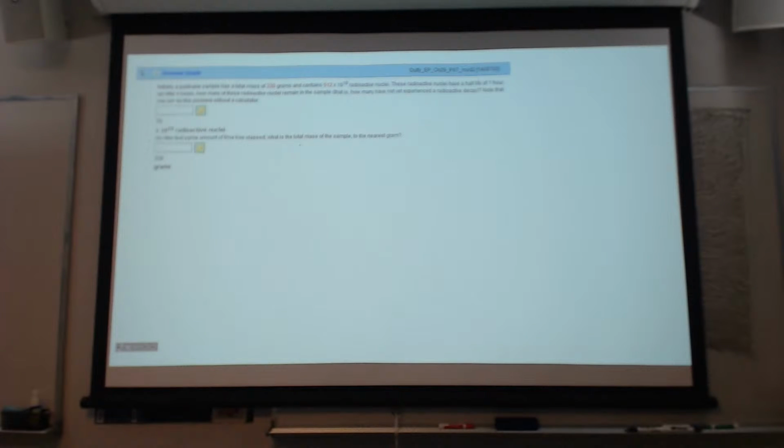You got different numbers, so it doesn't really matter at this point. You've got a sample of radioactive material which has a certain number of radioactive nuclei. How many do you have in your problem? 512 times 10 to the 10. Okay, same. And the mass of your sample? 370 grams.